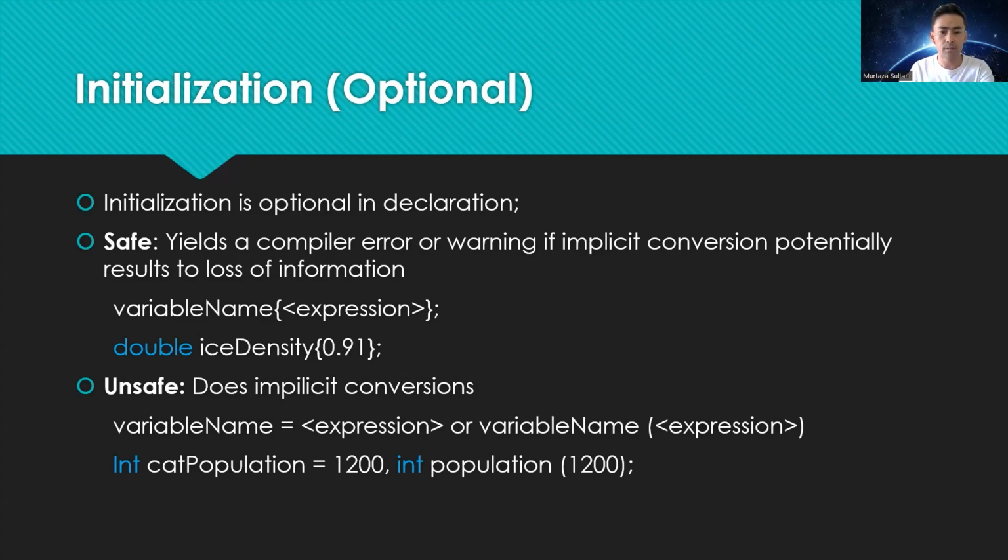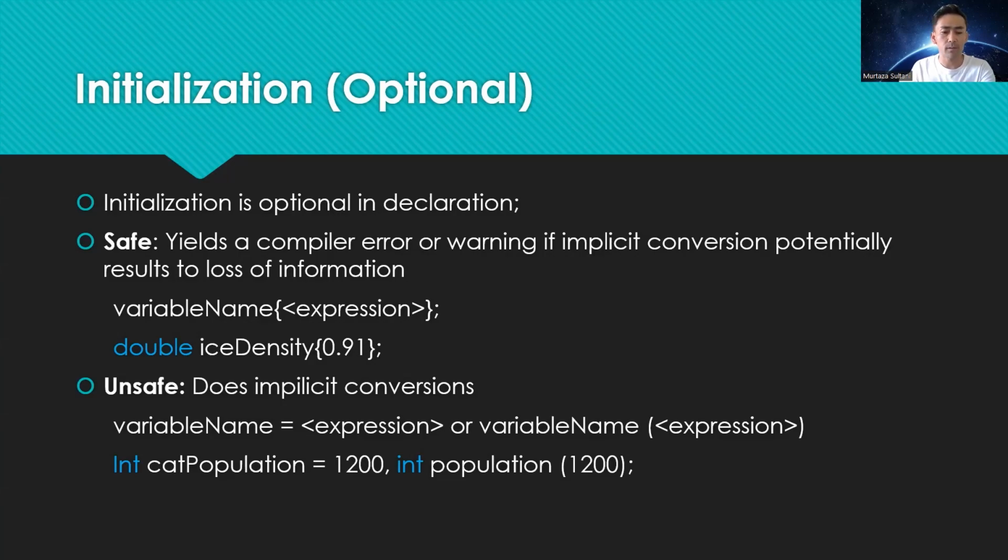This is a safe method because when we compile, the compiler gives us an error or a warning that this is not correct, or that you may lose some information. In the unsafe method, where implicit conversion also occurs, we write variable name equals an expression, or variable name with the expression inside parentheses.